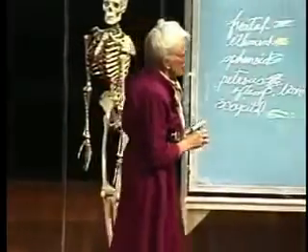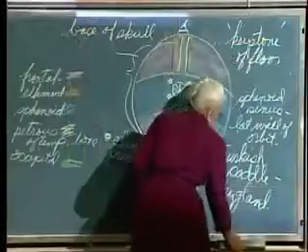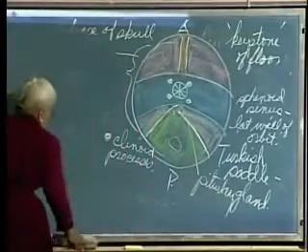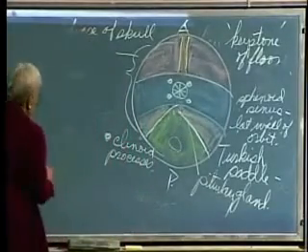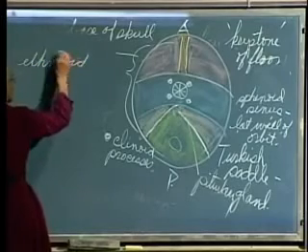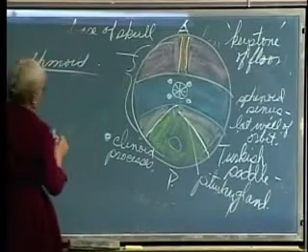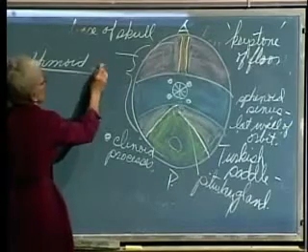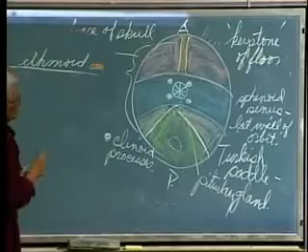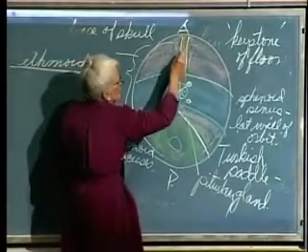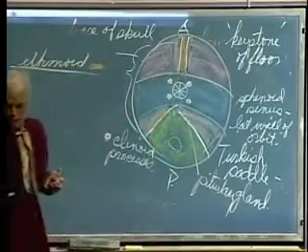Now, let's look at the ethmoid. We're only giving brief things about these. The ethmoid, we had it in orange over there, the part that we see from the base of the skull. There's lots more to it. What does ethmoid mean?